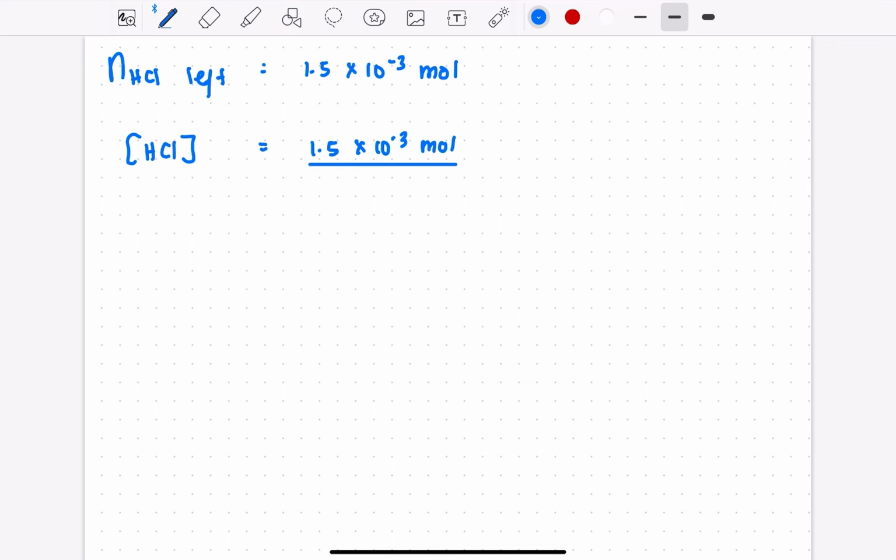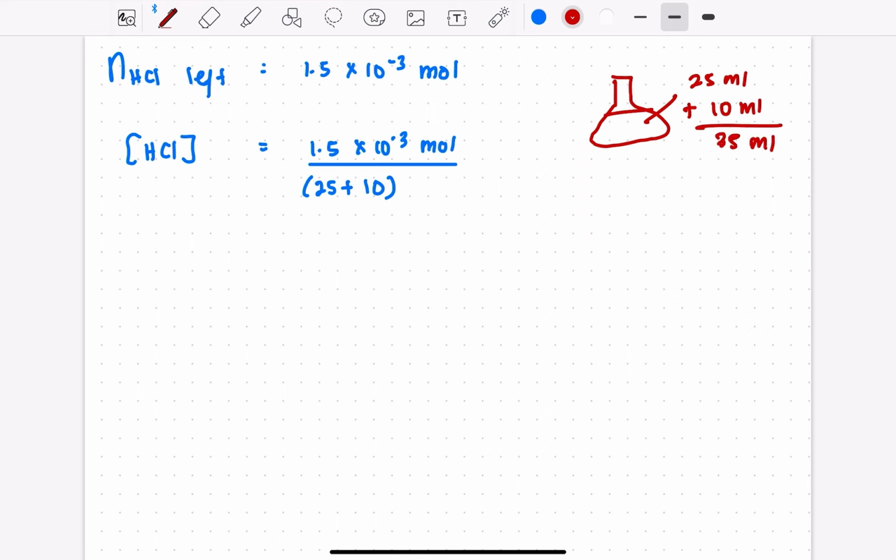Okay, here it is. The volume is no longer 10 or 25, but it should be 25 plus 10. Okay, I'm talking about the volume in the conical flask now. Initially it is 25 mL, but with the addition of another 10 mL, so now the volume is 35 mL.